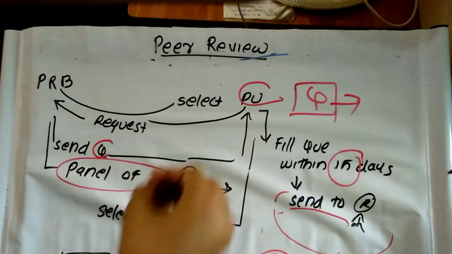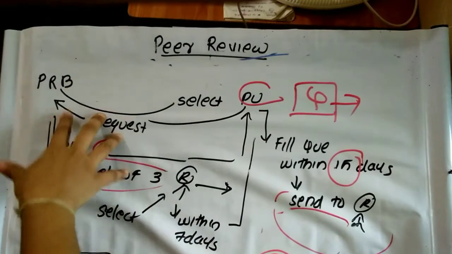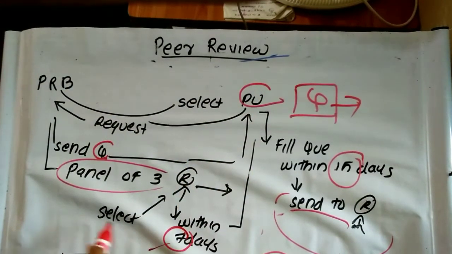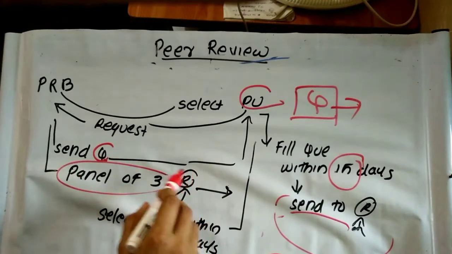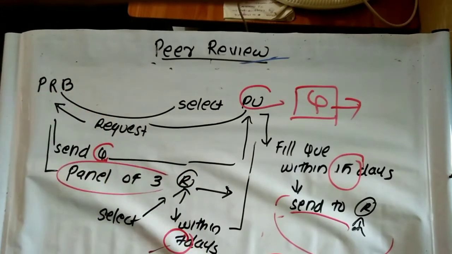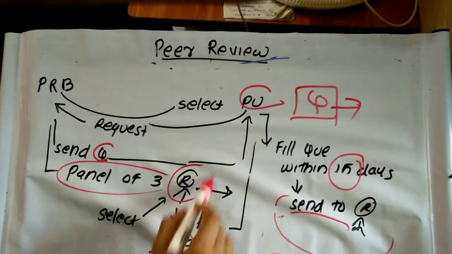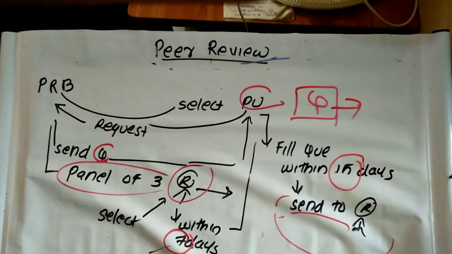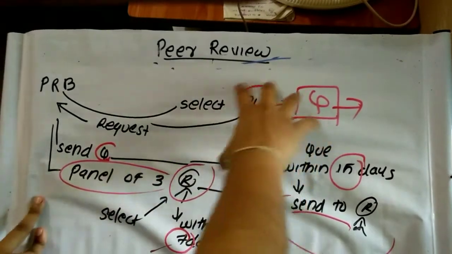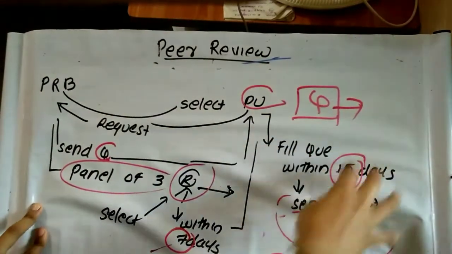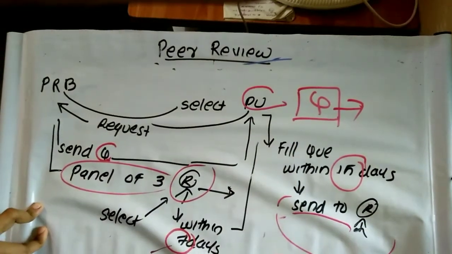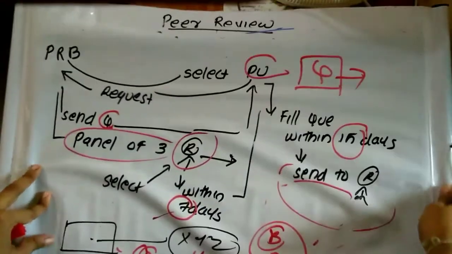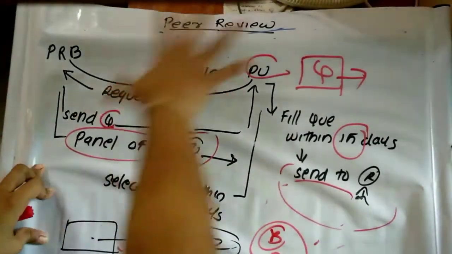The practicing unit has to select one reviewer from the panel within a period of 7 days, and the same has to be communicated to the peer review board. And the practicing unit shall fill the questionnaire within a period of 15 days. The same has to be sent to the reviewer. The reviewer may select a sample of services for the purpose of conducting peer review. So this is the first stage, planning.